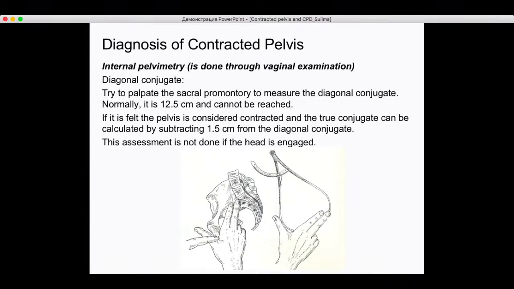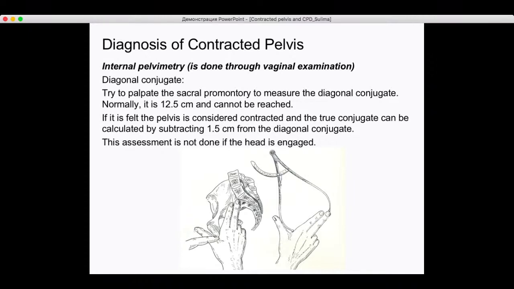Normally it is 12.5 centimeters, and the sacral promontory cannot be reached. If it is felt, the pelvis is considered contracted, and the true conjugate can be calculated by subtracting 1.5 centimeters from the diagonal conjugate.